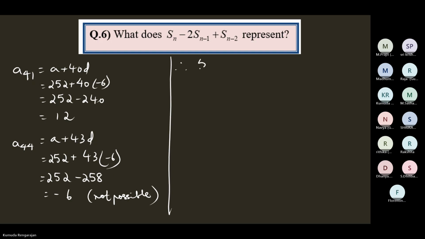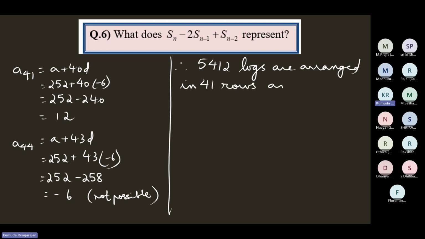Therefore, 252 logs are arranged in 41 rows and there are 12 logs in the top row.